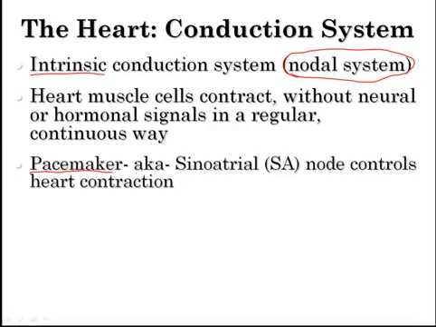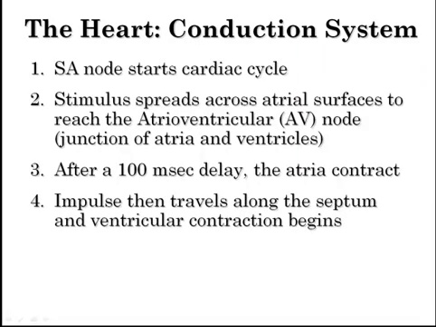It's also known as the sinoatrial node, and basically it's a bundle of nerves right at the top of your heart on the right side, and they make sure that your heart contracts regularly, 60 to 80 times every minute.